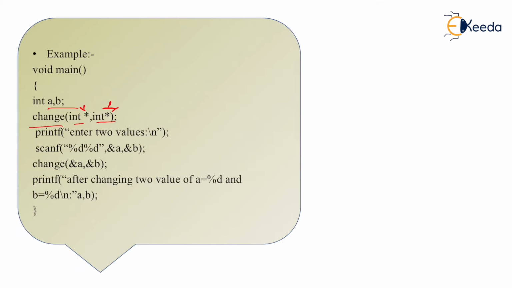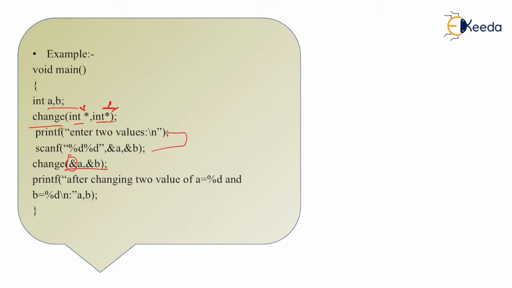Then we are storing the values of a and b, fine. And while sending the values to the declared function, we are using ampersand of a and ampersand of b. That means we are not sending a and b, we are sending the address. This sign means address. So the address of a and the address of b, we are not sending the values.